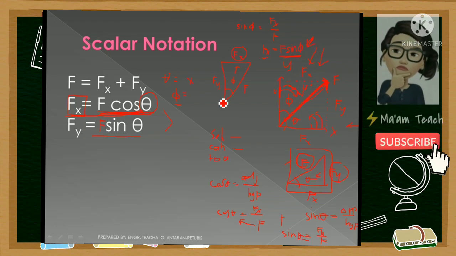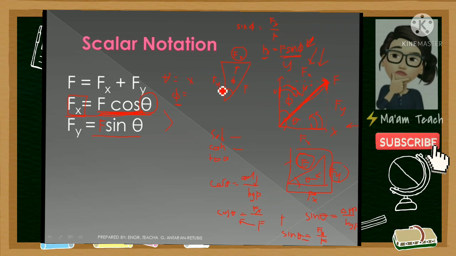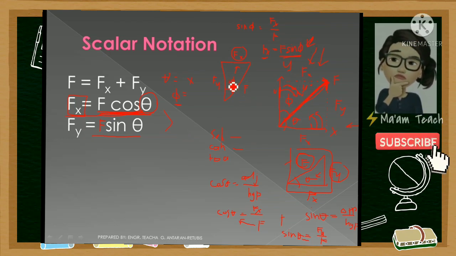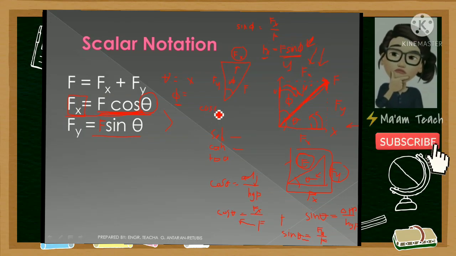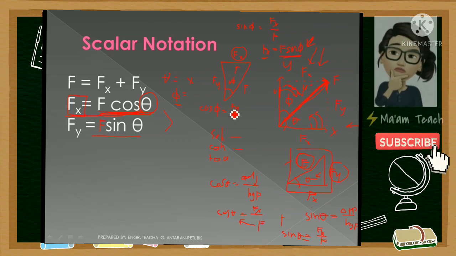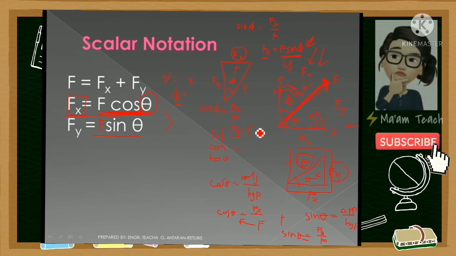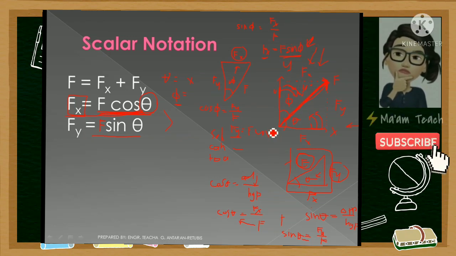Okay? How about for the f sub y? Looking at the figure here, your f sub y is adjacent to your angle, so obviously, it will be your cosine. Cosine phi is your adjacent, f sub y, over your force, which is your hypotenuse. So therefore, class, f sub y is f cosine phi.